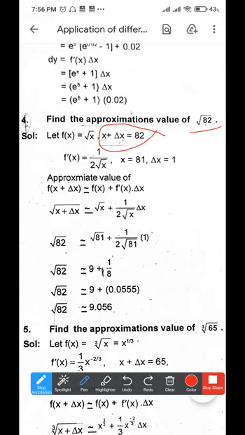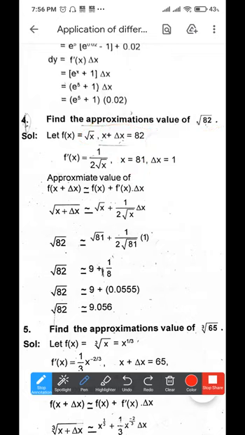Then what is f dash of x? f of x is equal to root x, f dash of x is 1 by 2 root x. Then we are assuming that x is equal to 81 and delta x is equal to 1.